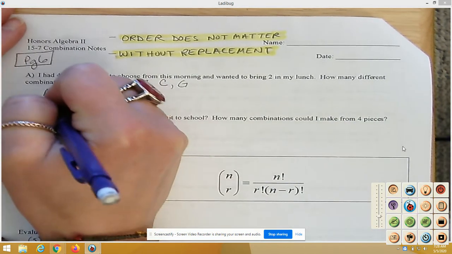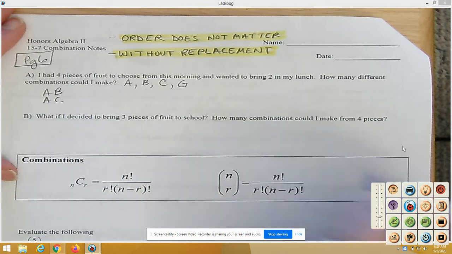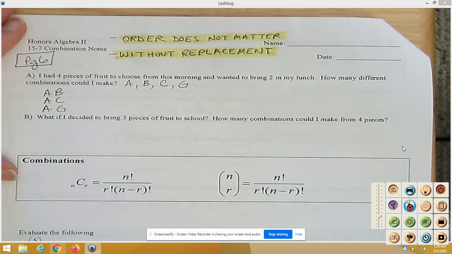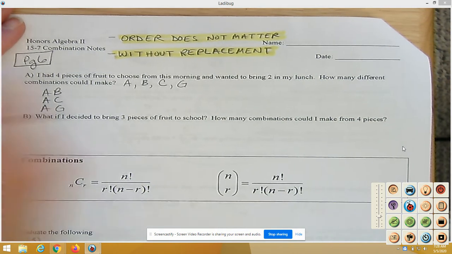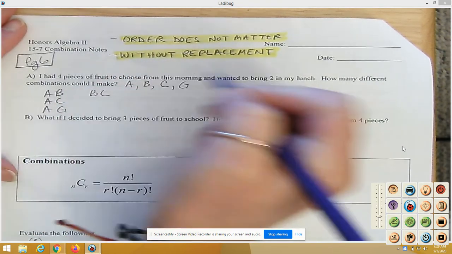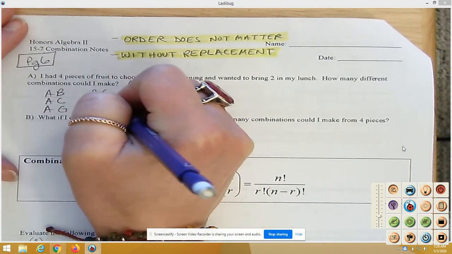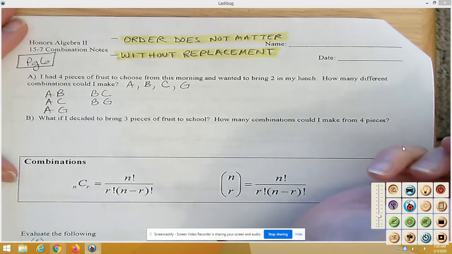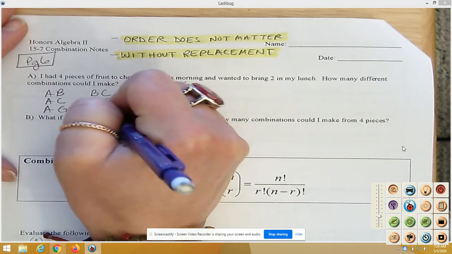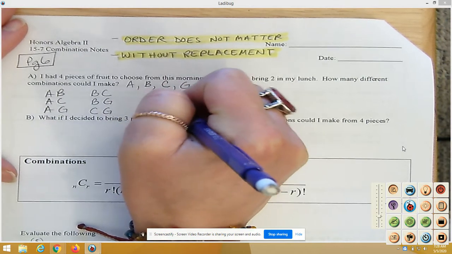You could do the apple and the cantaloupe. You could do the apple and the grapes. And that would be all of your possibilities with having apple as an option. We already did banana, apple, so now I could do banana, cantaloupe, banana, grapes. And then finally, the last one that I could do is cantaloupe and grapes. So there are 6 ways.